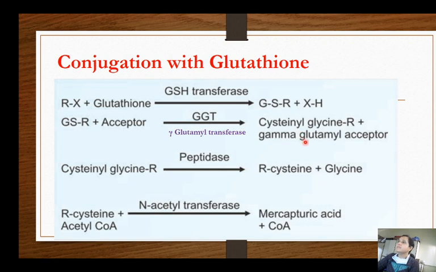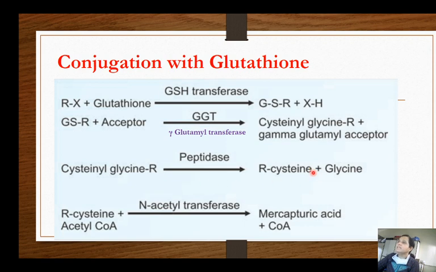So in this step, the glutamic acid comes out as gamma glutamyl acceptor. Now the xenobiotic is attached to cysteine glycine. Glutamic acid is gone. Now the cysteine glycine in the presence of the enzyme peptidase will form the xenobiotic and cysteine. Now this component has lost the glycine.